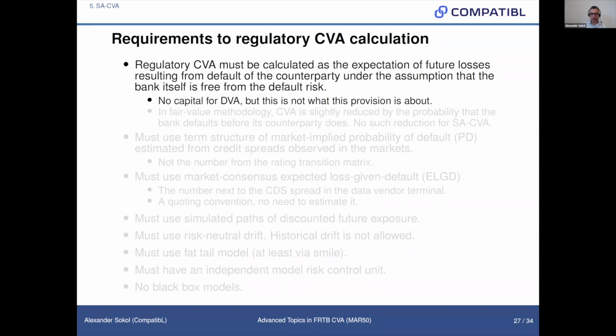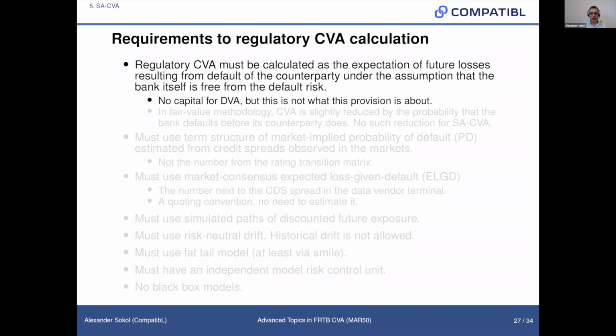This is not what this provision is about, but let me talk about DVA for the moment. One thing about CVA is that when banks do P&L calculation, there is a concept of bilateral CVA. CVA is the expected value of your loss due to counterparty default. DVA is the CVA of the other party for you, so that's the loss of your counterparty if you default.